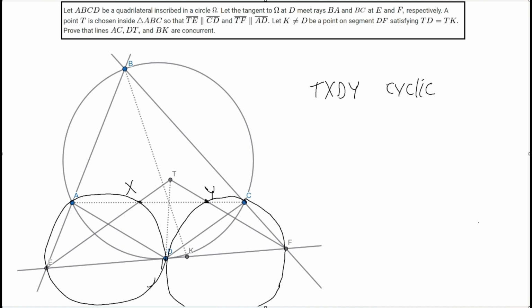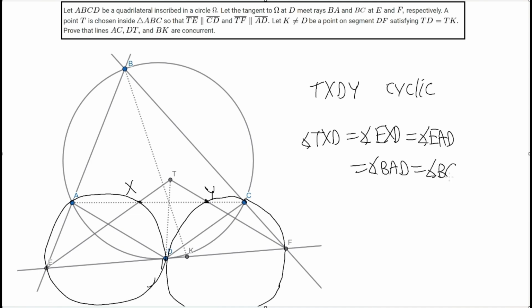Fortunately, this is not super hard because we were comparing these angles here, and instead we can just compare these angles here because we know a lot about those. Indeed, we have directed angle TXD equal to directed angle EXD, equal to directed angle EAD, which is directed angle BAD, which is directed angle BCD, since we're now using the fact that the quadrilateral is cyclic.